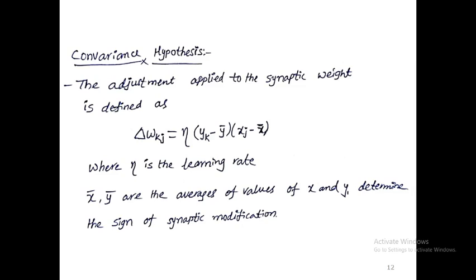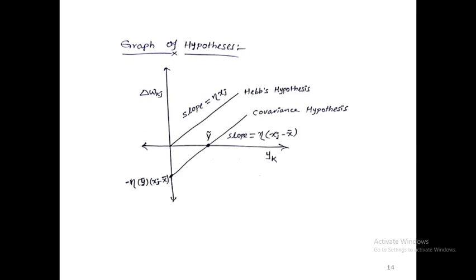So del wkj is equal to minus neta into y bar into xj minus x bar, by substituting yk equal to 0. That gives the point on the negative y-axis, minus neta into y bar into xj minus x bar.